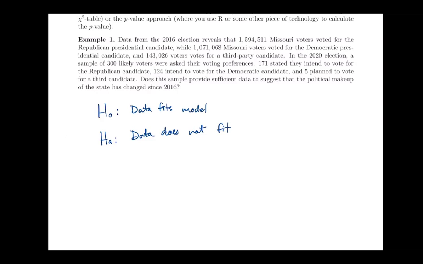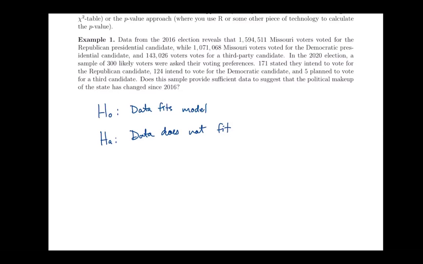So this will be our 2016 data. For Republicans, 1,594,511; for Democrats, 1,071,068; and for the third party candidates, 143,026. Okay, so that's our 2016 data.